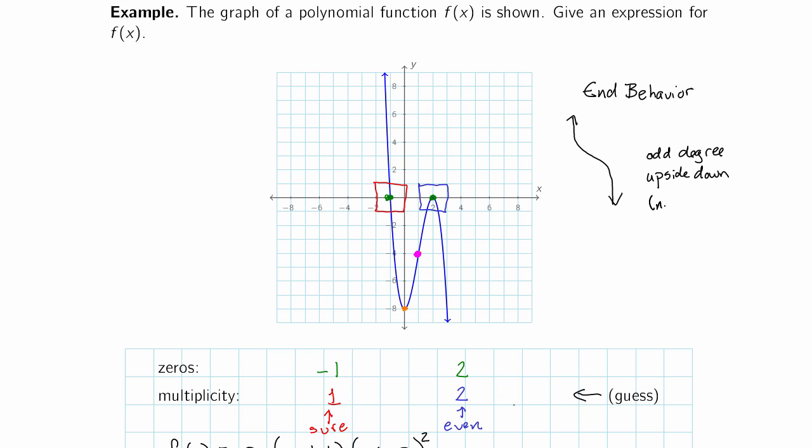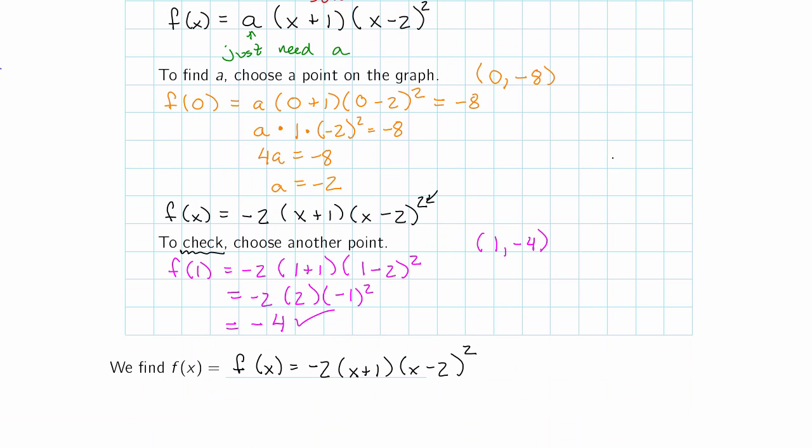So we want a negative leading coefficient. We expected an odd degree and a negative leading coefficient. What we got was degree 3 and leading coefficient -2. The end behavior checks out as well.